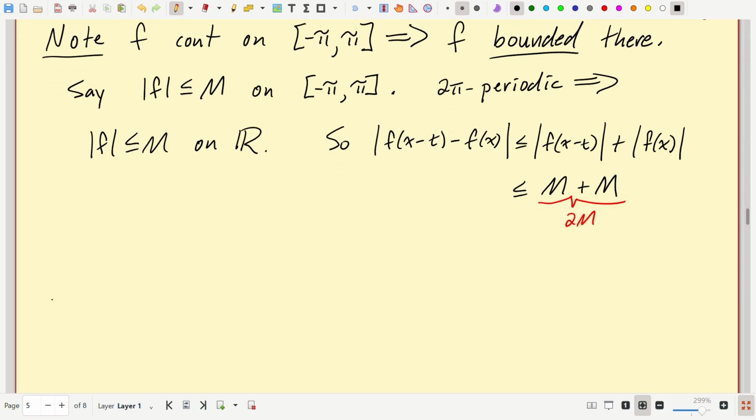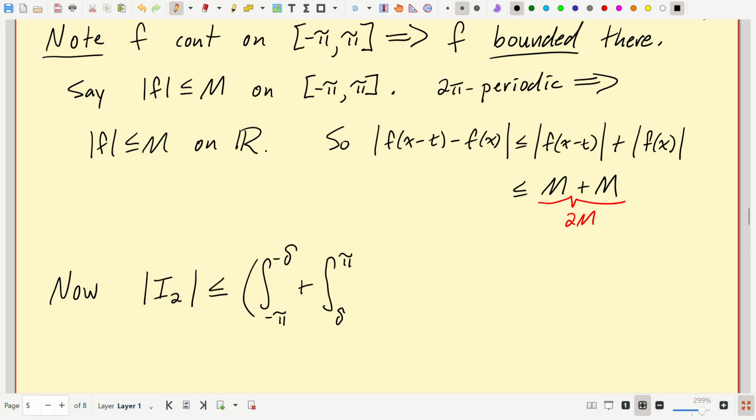Now I get that I2 is going to be less than or equal to the integral from minus pi to minus delta plus the integral from delta to plus pi.